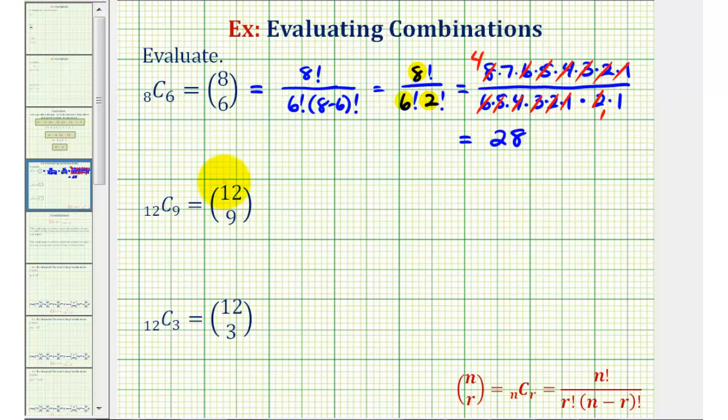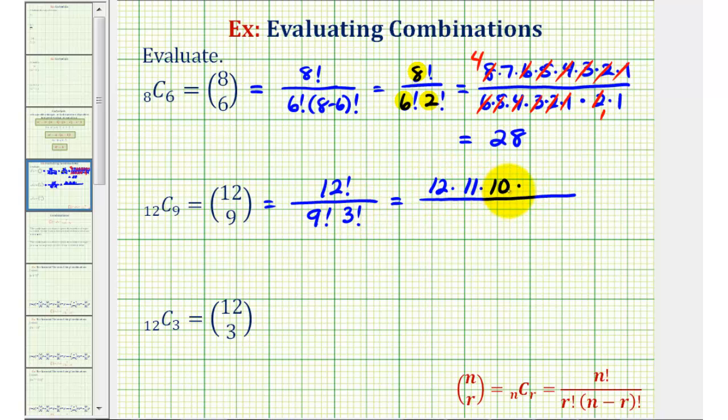Next we have 12 choose 9. So the numerator will be 12 factorial. The denominator will have 2 factorials. The first factorial is 9 factorial. The second factorial will be 12 minus 9 factorial, which will be 3 factorial. And now to simplify this one, we're going to take a slightly different approach. Notice how we have a 9 factorial in the denominator. So when I start to expand 12 factorial, I'll have 12 times 11 times 10.